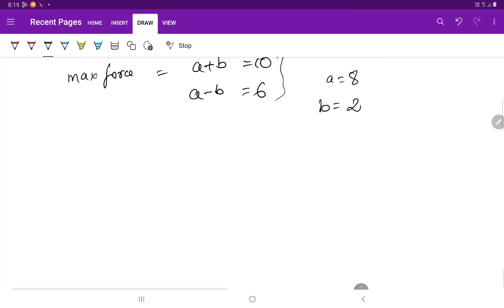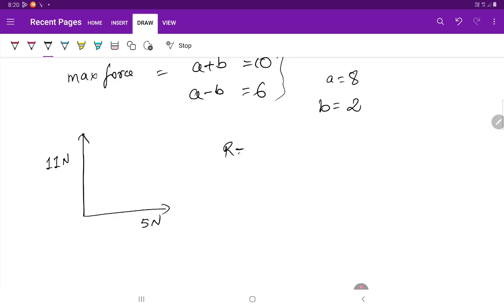As per the question, they are saying to increase each of the forces by 3 newtons and make them at an angle of 90 degrees. So this is the first force, A vector, 8 increased by 3, which is 11 newtons, and B vector increased by 3 is 5 newtons.